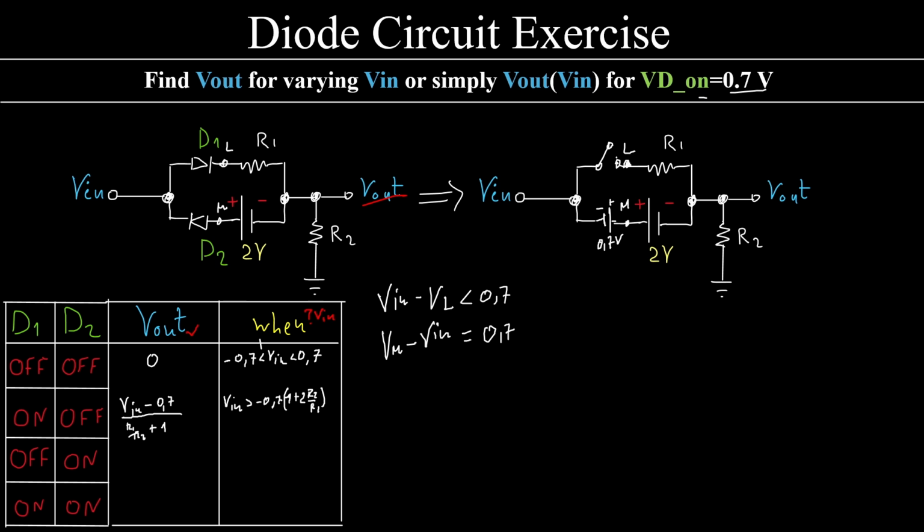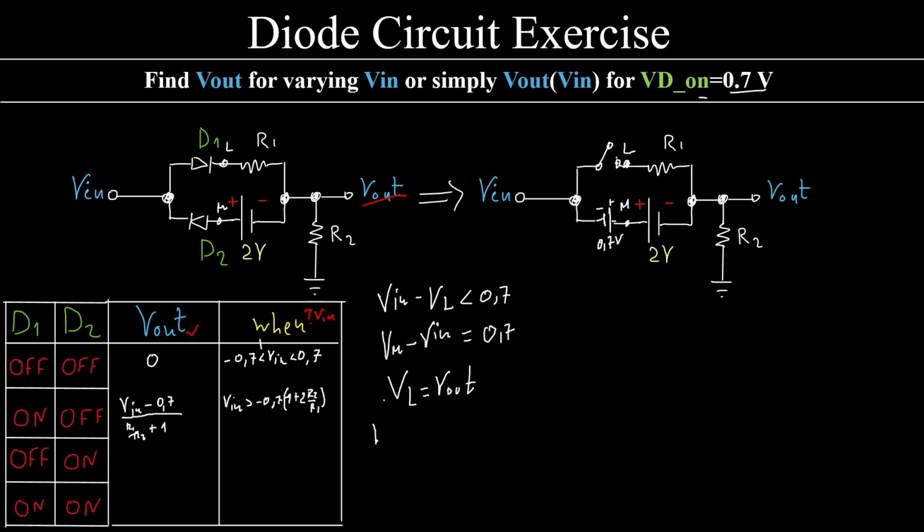Right, how much is VL? Well, VL again will be Vout. Thankfully, we have another condition over here that is not very easy to see. This point and this point are separated by a battery, which has a standard of 2 volts.